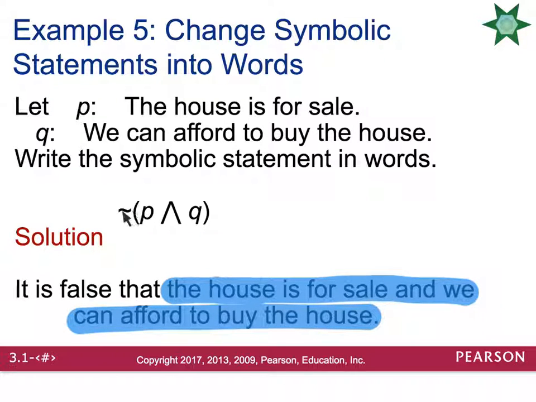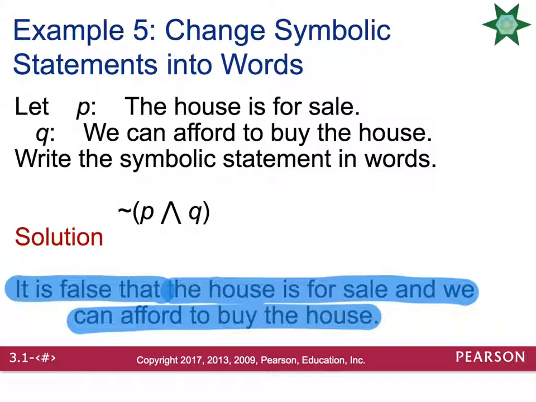But because we have the negation outside, we're going to add this at the beginning: it is not true that, or it is false that. Okay, so there's where the negation comes in. So our full statement would be, it is false that the house is for sale, and we can afford to buy the house. Now, notice that this it is false that negates everything that comes after that.